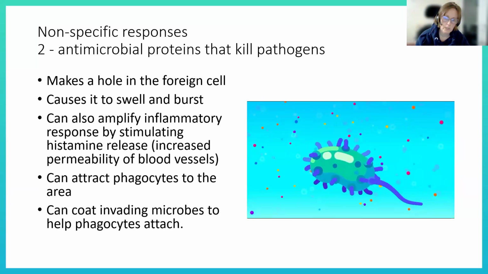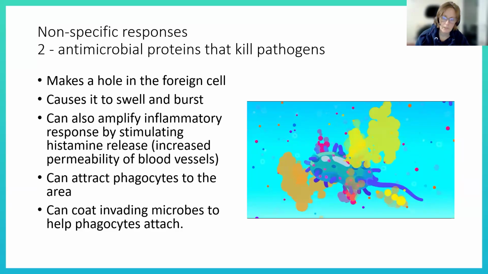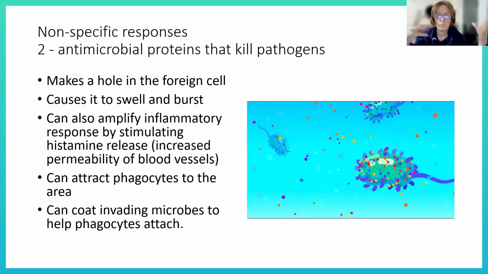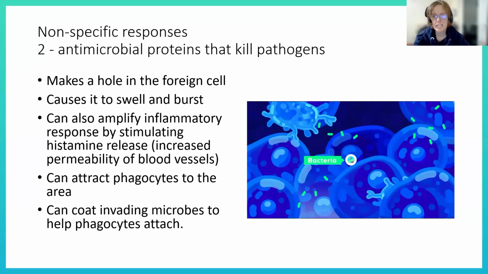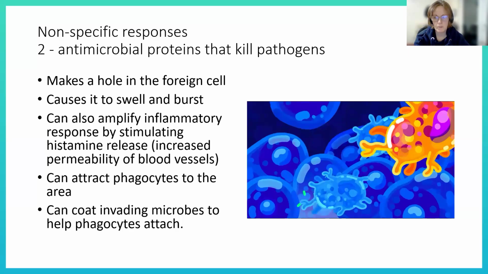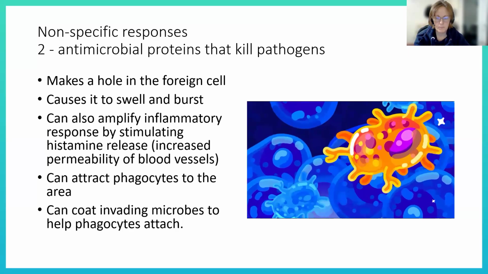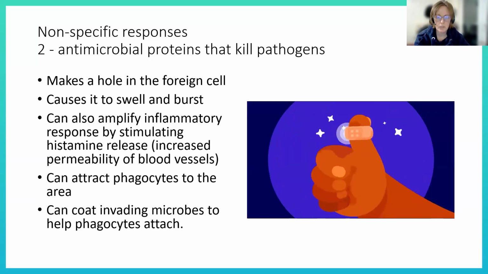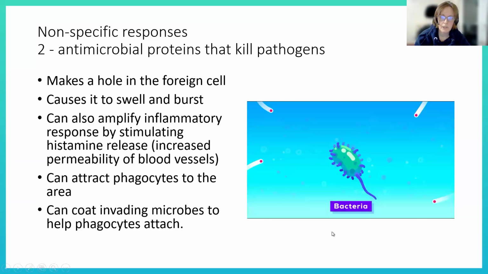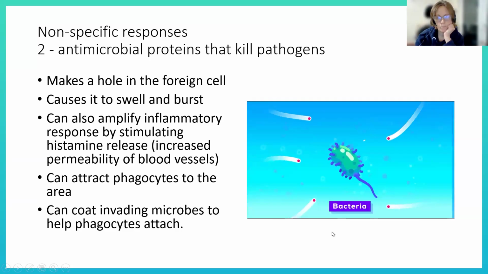That causes all the water to surge in and it just sort of falls apart because it's full of water. Lysis, it's called. So that's how the complement system works. So that saves us from infection.